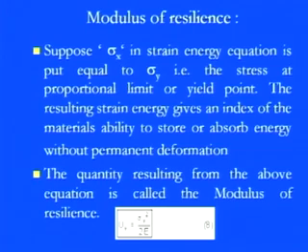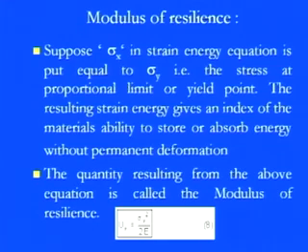So up to that point, whatever the stored or absorbed energy is, it is considerable. The quantity coming up to this yield point, resulting from the above equation, is called the modulus of resilience. This absorbed or stored energy limits the elastic region and the plastic region. So if the stored energy is up to that particular point, we have an elastic region.